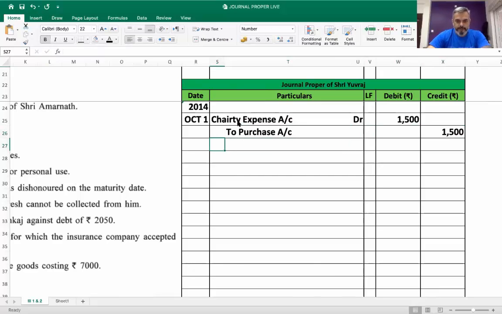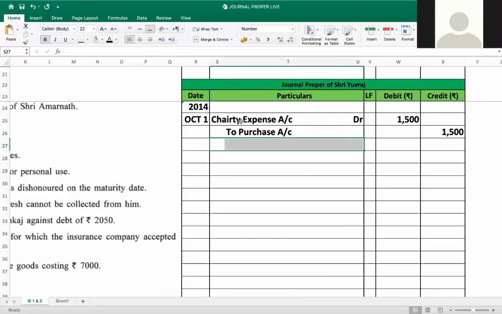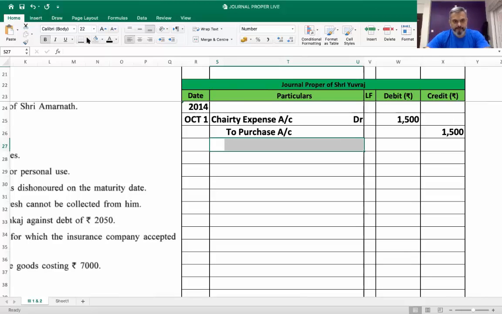Narrations are very simple. Sir, can we use a donation account here? Absolutely, you can write donation also, but in the textbook, in the transaction, charity is used. So I'm using charity account.